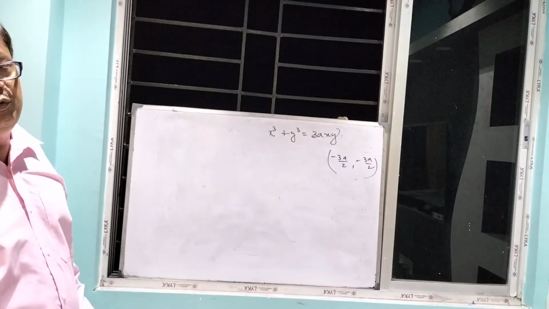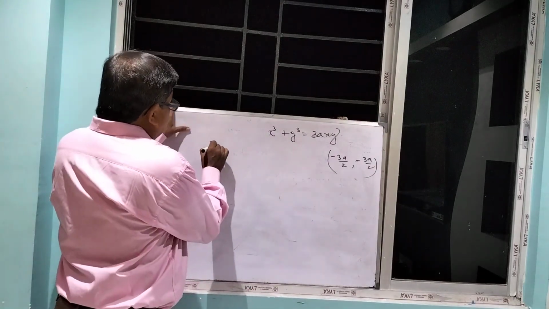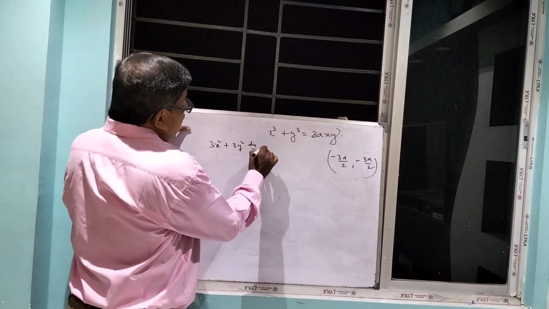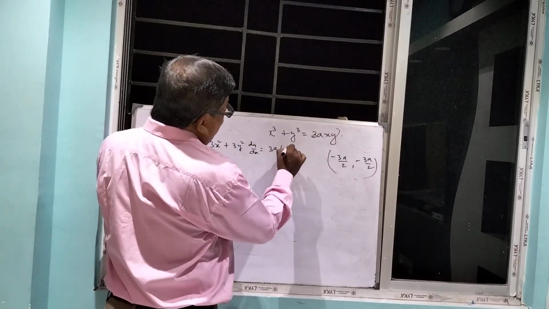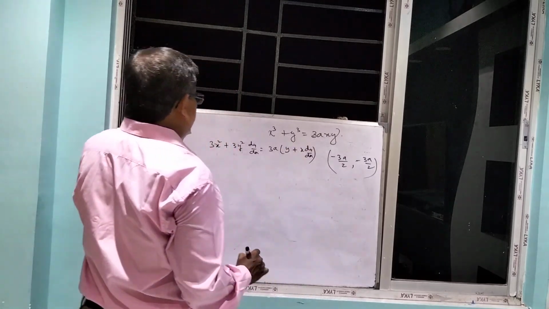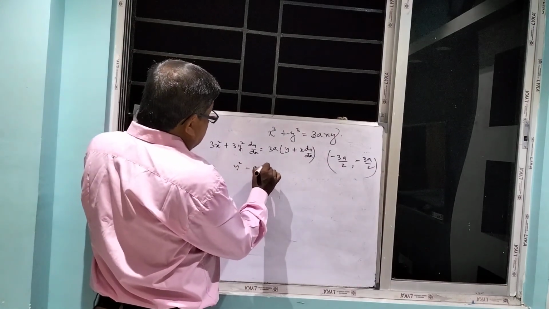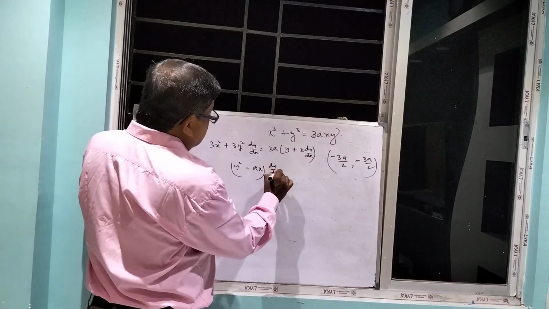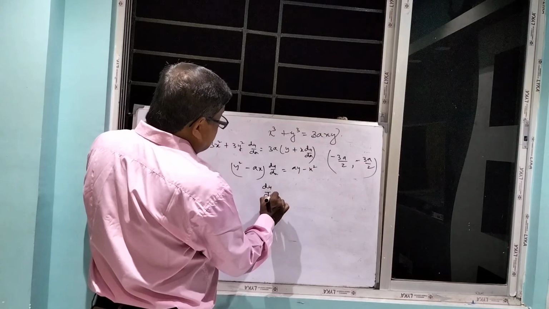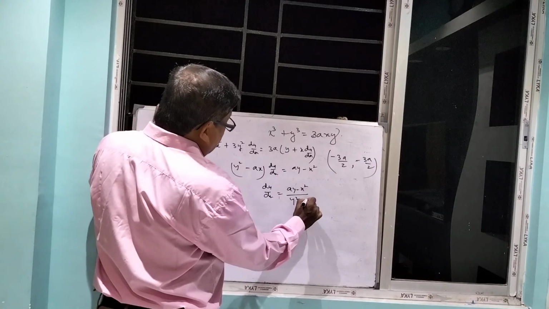So first find out dy/dx. Just differentiate: 3x square plus 3y square dy/dx equals 3a times y plus x into dy/dx. So 3 cancels on both sides, so write y square minus a x of dy/dx equals a y minus x square. So dy/dx equals (a y minus x square) by (y square minus a x).